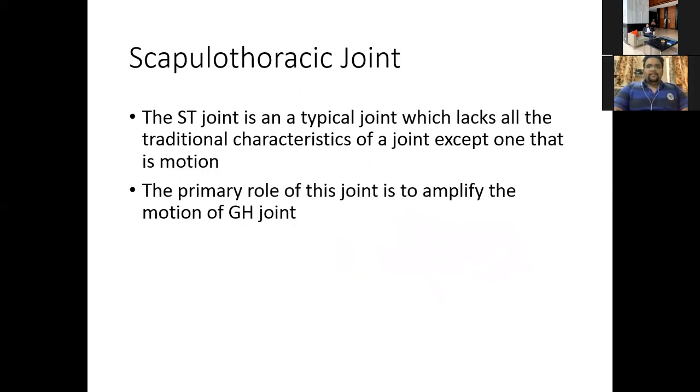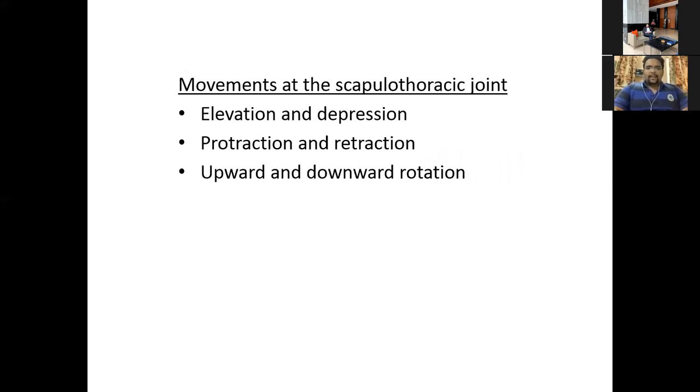Now moving up to the scapulothoracic joint. Basically, the scapulothoracic joint is a atypical joint which lacks all the traditional characteristics, or we can say features, of a joint except that it causes motion. And the motion caused at the scapulothoracic joint is a combination or summation of the motions occurring at the acromioclavicular and the sternoclavicular joints. The primary role of the scapulothoracic joint is to support the glenohumeral joint abduction.